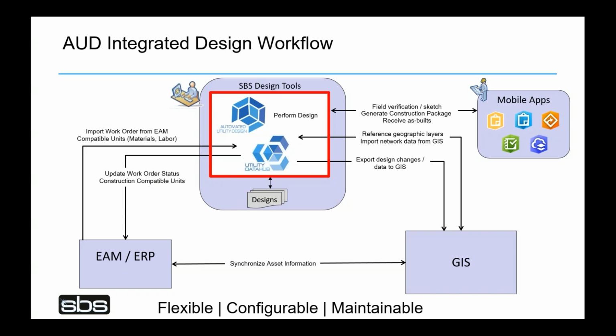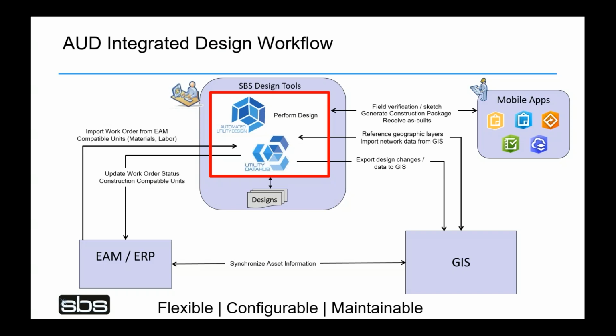Important part about Utility Data Hub is that we've implemented against so many different systems. EAM we've already mentioned, like the SAPs and Maximos and all those of the world, but in GIS we also can do Smallworld or Esri Geo Network or Esri Utility Network or Oracle Spatial.